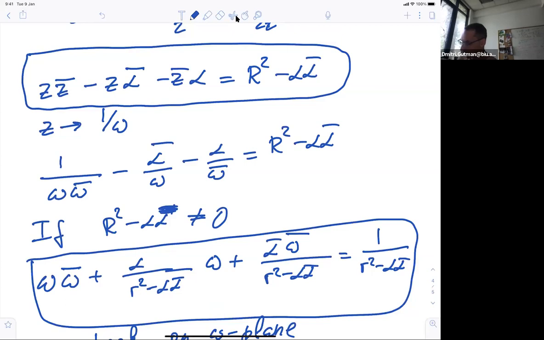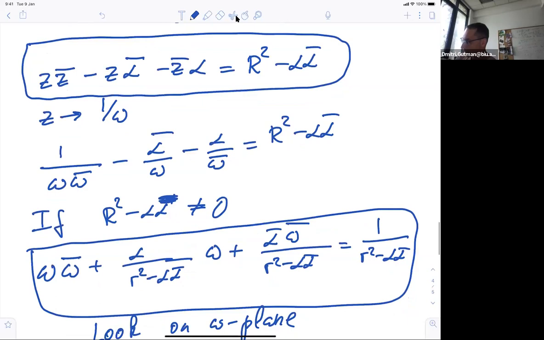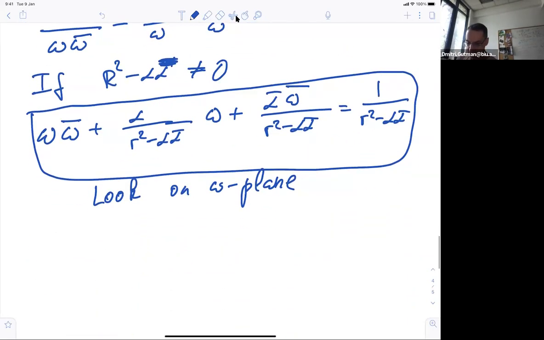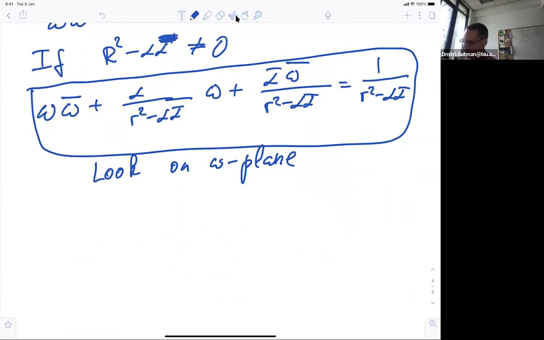There is w w bar with coefficient 1, and before it was z z bar with coefficient 1. There is a linear term in w, and before it was a linear term in z. And there's a linear term in w bar, and a constant on the right-hand side. So the conclusion is that we already know that this equation describes a circle.